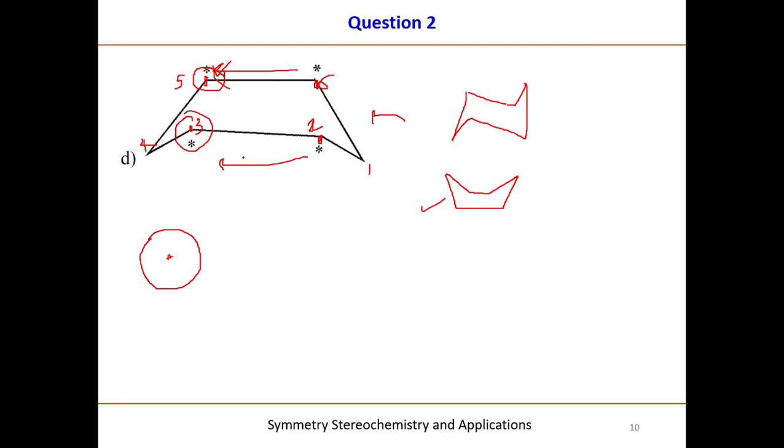So 2 and 3 are in the same plane, and 5 and 6 are in the same plane. So the front carbon is here, we are taking 2, and the back one is the third one. So you can see here the back carbon, look from this side, arrow side, is this way. This is the downside plane. I will write first here.